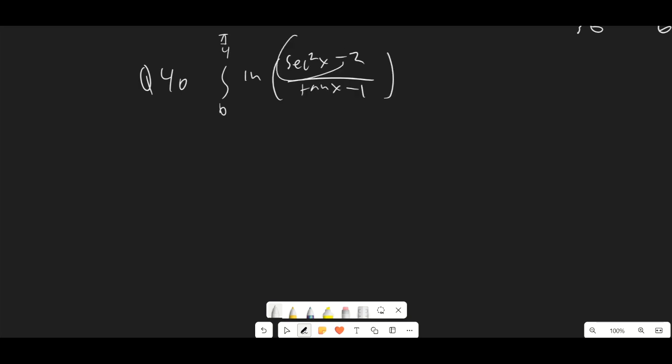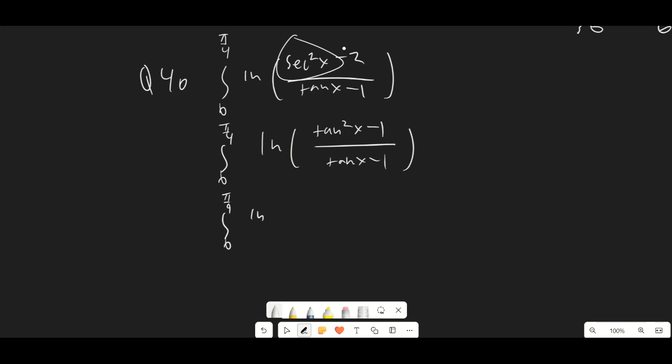So immediately we're going to see this and convert it to tan squared of x plus 1. So we end up with the integral from 0 to pi over 4 of the natural log of tangent squared of x minus 1 over tan x minus 1. Just go ahead and cancel those factors. We end up with the integral from 0 to pi over 4 of the natural log of 1 plus tan x.